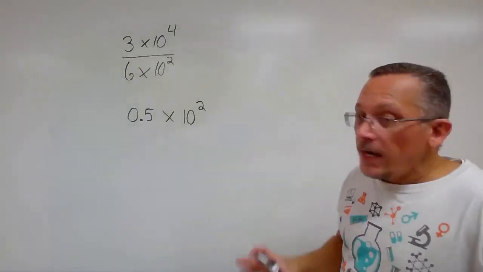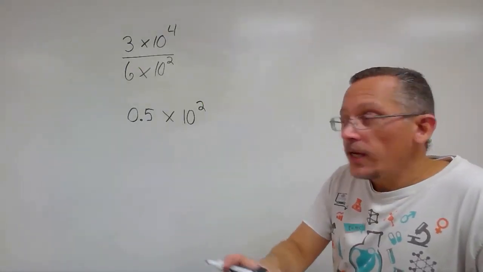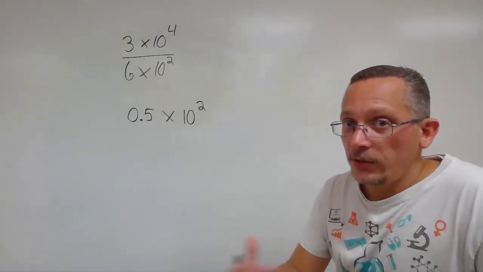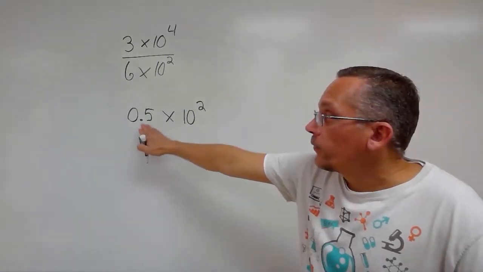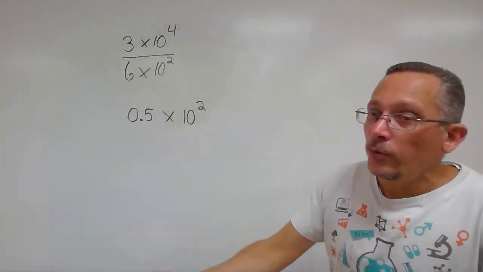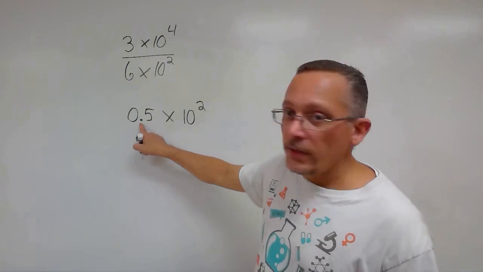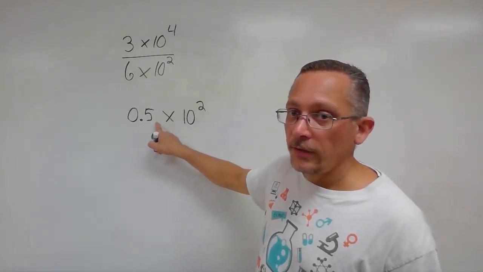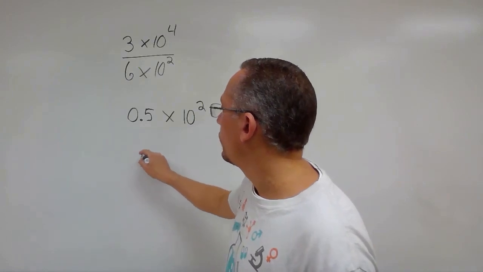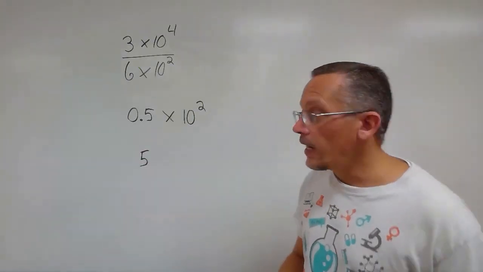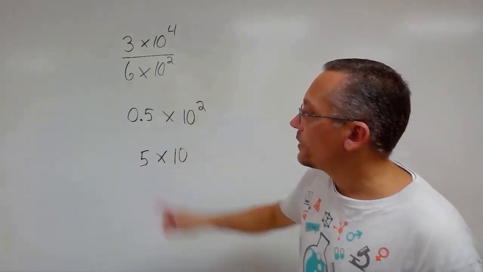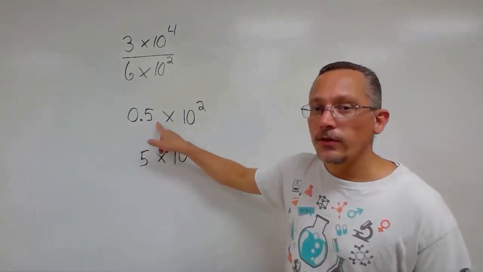Okay? But now we have to watch out for something else. You remember with the last problem we ended up with a number that was more than 10 and we had to adjust the decimal point. Here we end up with a number that's less than 1, so we have to adjust the decimal point. Okay? So I'm going to move the decimal point right over here. So instead of being 0.5, it's going to be 5, because that's between 1 and 10. Okay? Now I have just moved this decimal point one place to the right.